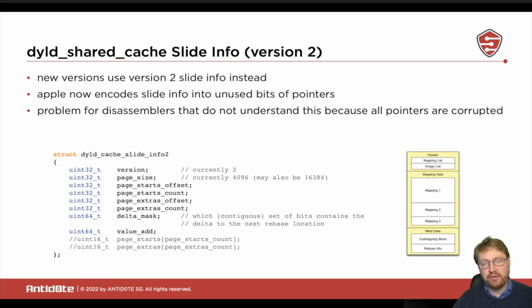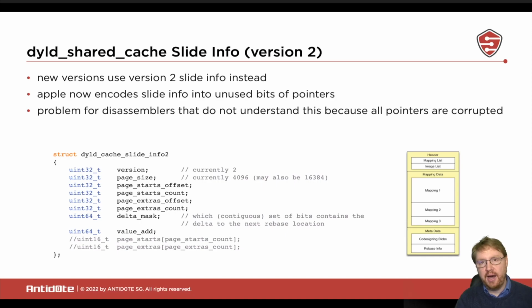The idea behind number 2 is that you store most of the information inside the unused bits of pointers. For sliding, we only need to know, okay, this here is a pointer and we need to rebase it, and then where's the next one and the next one and the next one. So instead of a bitmap as before, we put the delta to the next pointer inside the unused bits of the pointer.